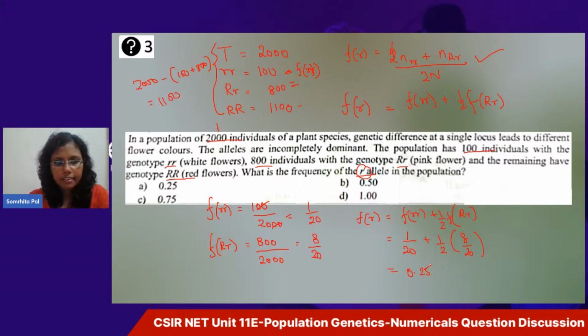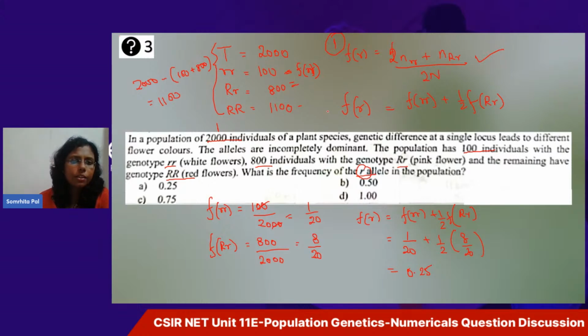Many of you have given me the correct answer, so I hope it is clear to you. I repeatedly tell you that you can use the first formula. There is no law that you cannot. But these are very long values, 100, 800, 1100, so it will be a long calculation.